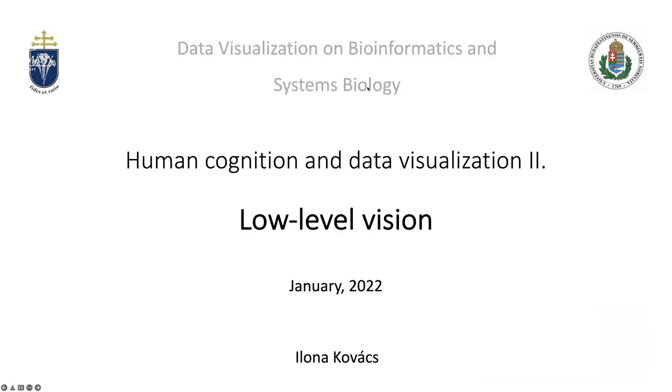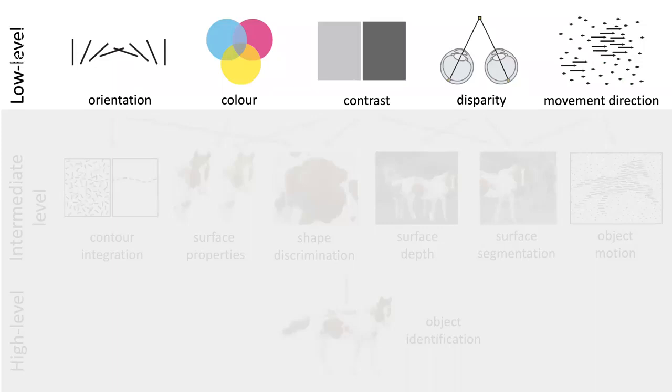This is the second part of the lecture, and it's about low-level vision. In the previous introductory part of the lecture, we mentioned that low-level vision is mainly concerned with coding for simple but very basic features such as orientation, wavelength or color, luminance contrast, retinal disparity, and movement direction.